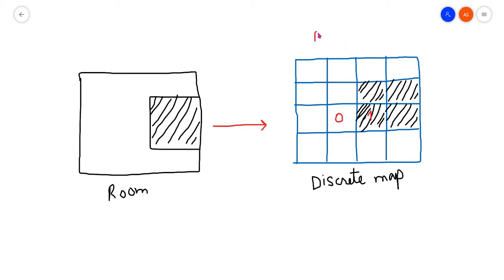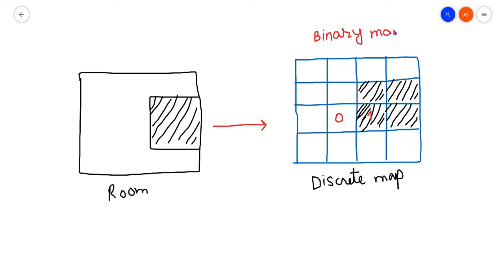Binary means that there are only two possibilities: either a cell is occupied or it's not occupied. So that's why they are called binary maps.